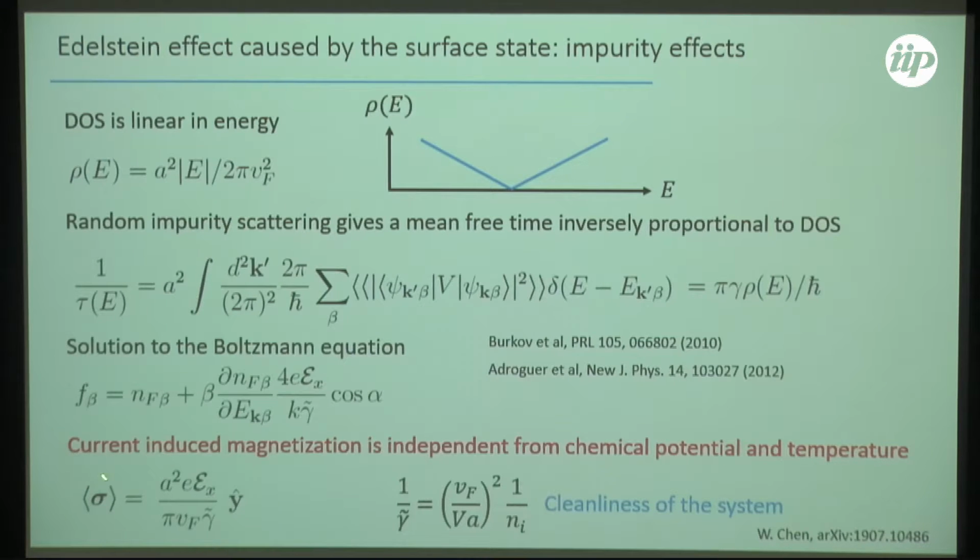This is rather surprising, because everything that appears here is just proportional to the field. It's independent of temperature, and the chemical potential does not appear. In other words, it is independent of where your chemical potential is located, in the hole cone or in the electron cone, it doesn't really matter. You get a constant.